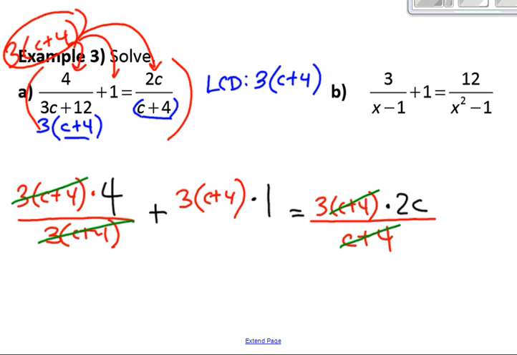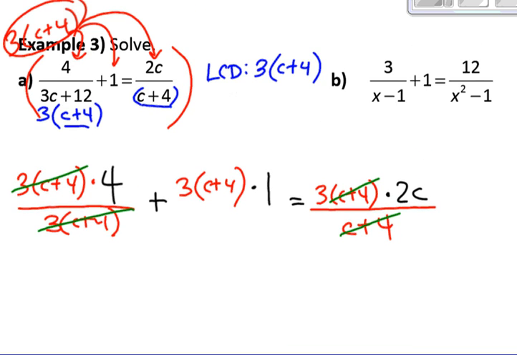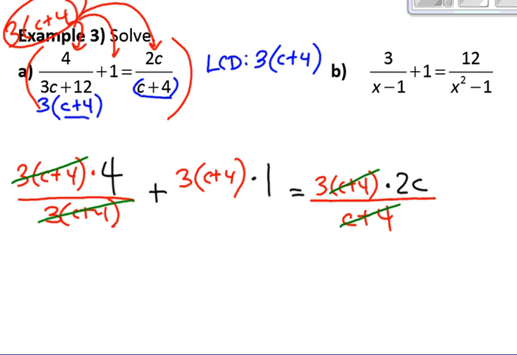Typically when I'm doing this, I skip this middle step and go straight to my next line. When I multiply, that first term already has the LCD, so that's going to cancel out, leaving you just with a 4. The next term does not have a denominator, so when I multiply by the LCD, it's just normal.